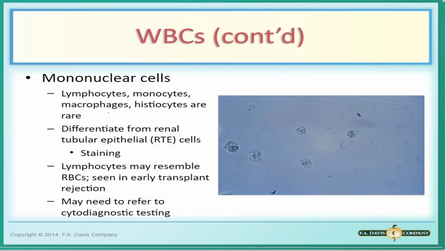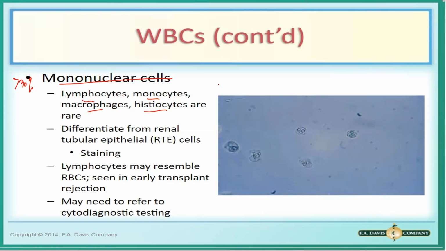The next bullet ninyo, greater than 30% increase in mononuclear cells. Okay, ano yung mononuclear cells mo? That is lymphocyte, monocyte, macrophage, and histiocytes which are rare. Yun yung example ng mononuclear cells. It means ay merong chronic inflammation si patient.